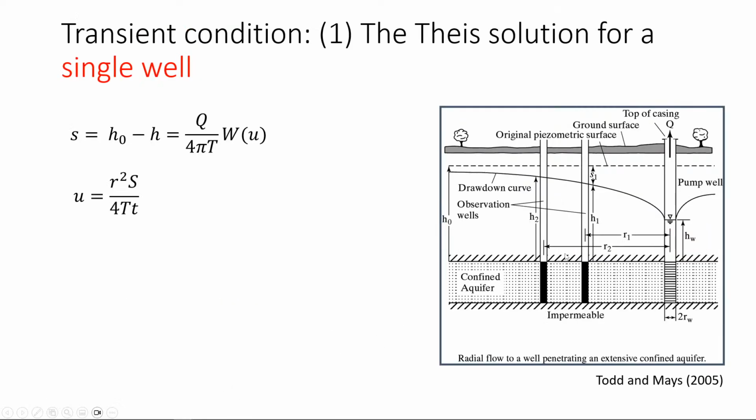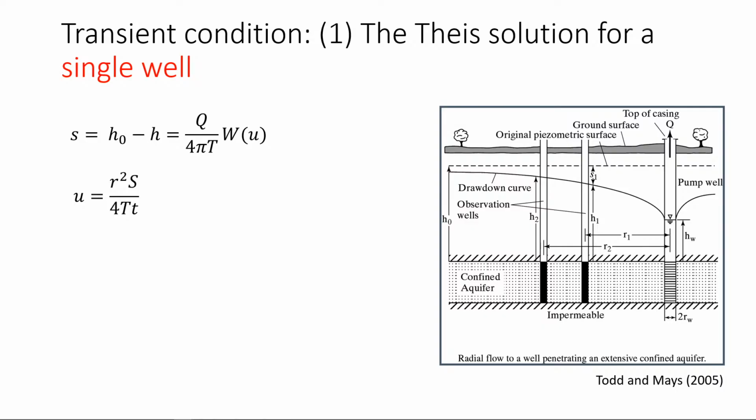Now, this equation is called the Theis solution. This Theis solution is just for a single well and with certain boundary conditions that we are assuming. Remember, we are assuming that the head is known at the boundary.